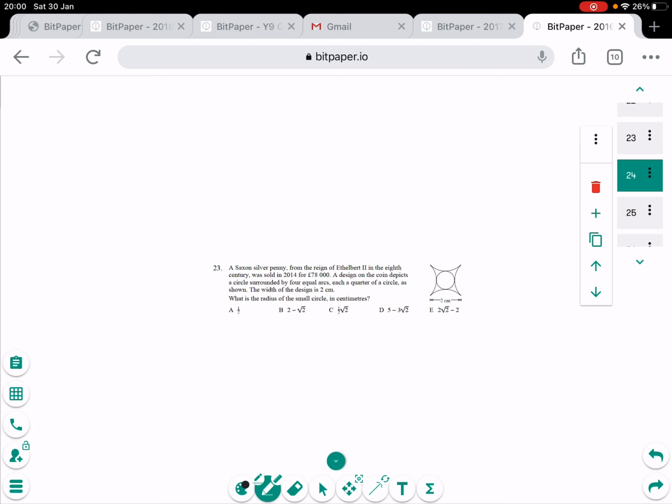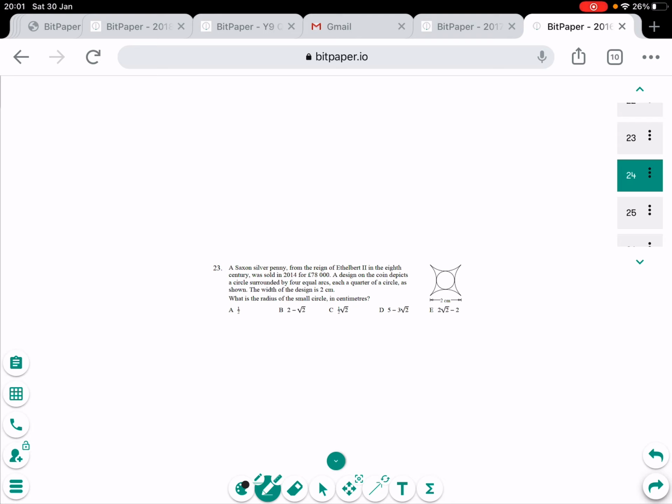Sorry. For question 23, it says the Saxon silver penny of the reign of Aethelred the Second in the 8th century was sold in 2014 for 78,000.